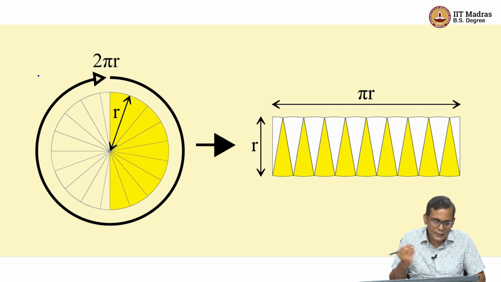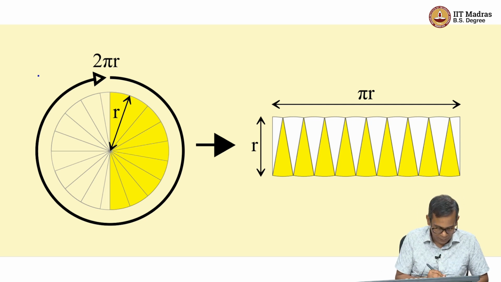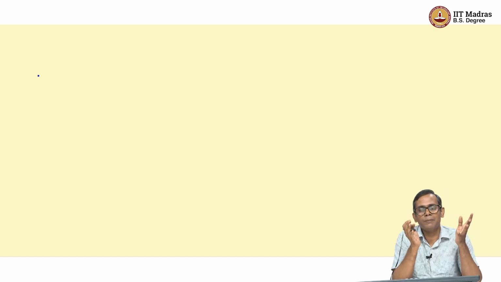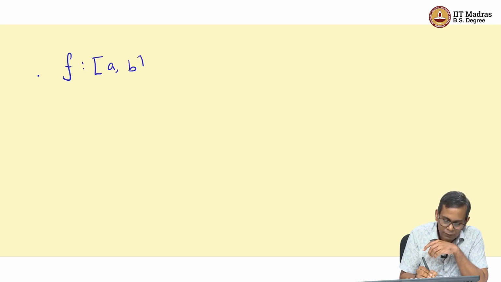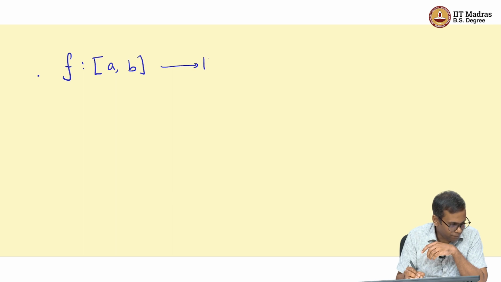The idea is very similar to the idea behind computing the area of the circle. We break up our shape into simpler shapes whose area we know and try to use them to approximate the area. So here's the setup. We have a function f on a closed interval [a, b] which takes real values.